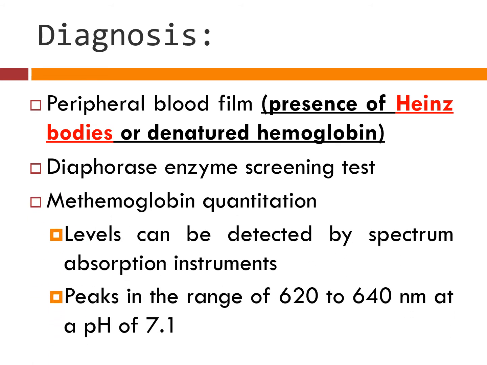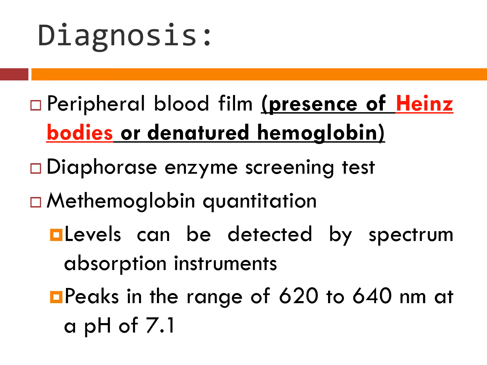And then we can also do methemoglobin quantitation by knowing the levels of methemoglobin in the body, and this can be detected by a spectral absorption instrument.